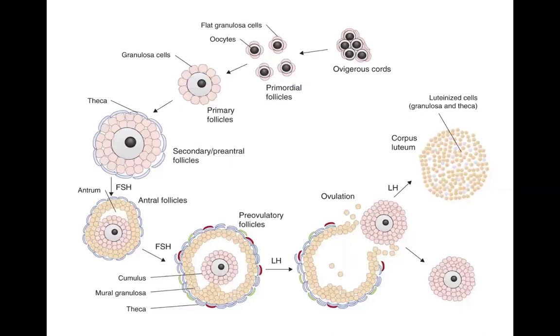Under the influence of gonadotropins, this progression happens and follicular maturation takes place, right? 99.9% of the follicles die out. As you can see, they are dying out, but only one of them goes to a point where it is released.